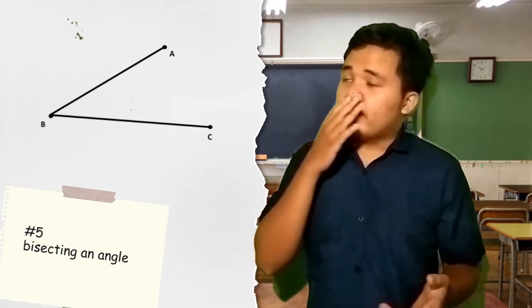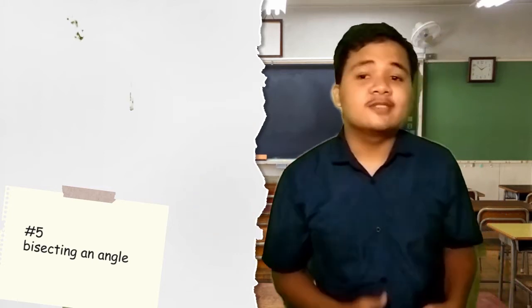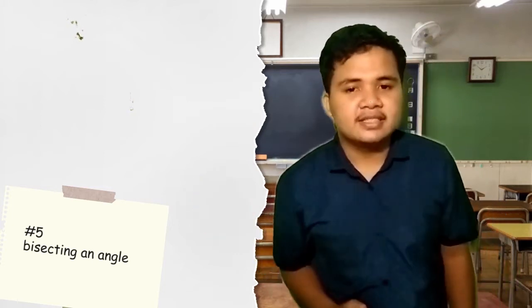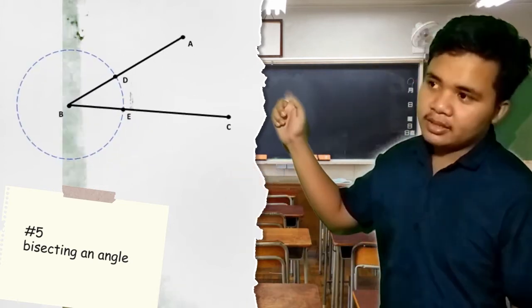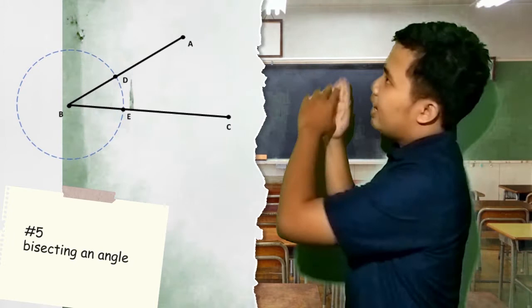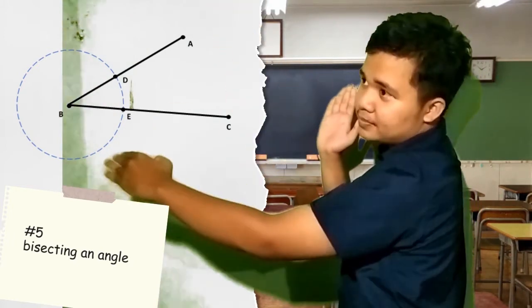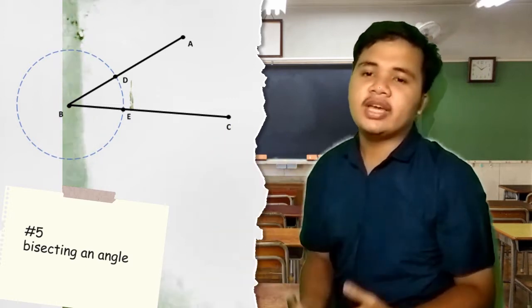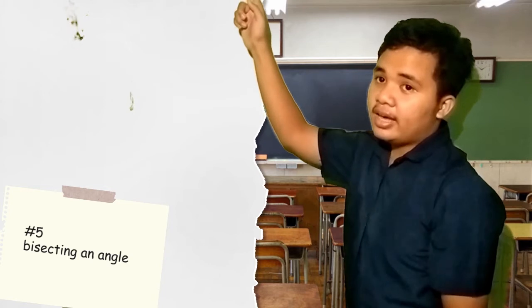To make this construction, follow these steps. First, make a circle at point B, intersecting line AB and line BC, which creates new points, point D and point E.